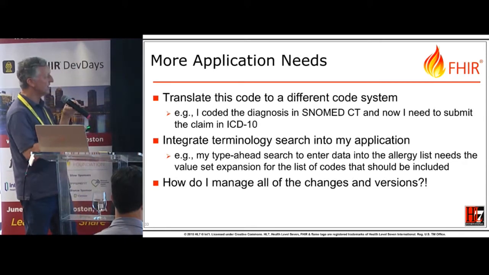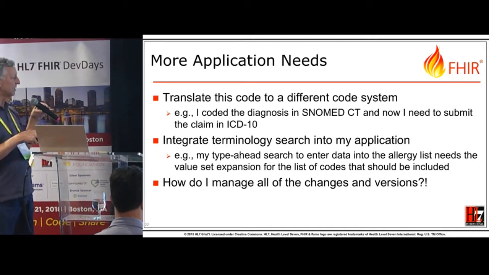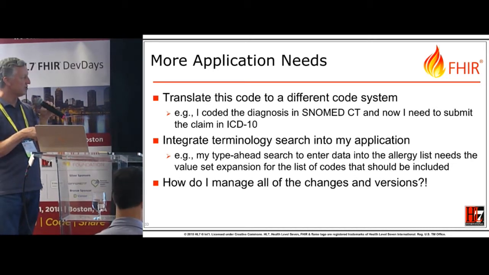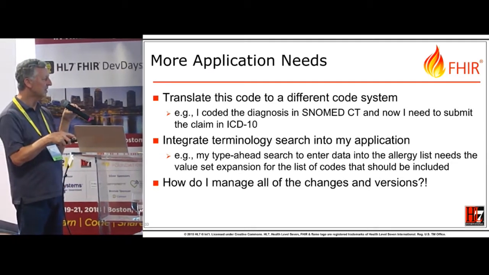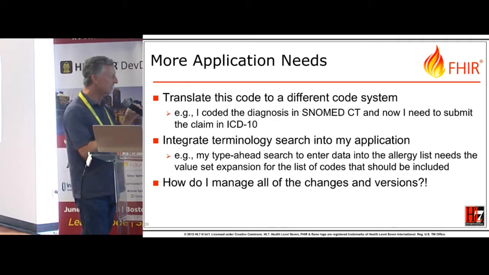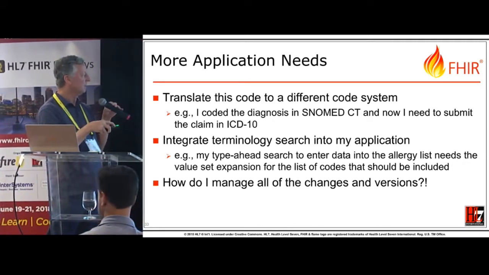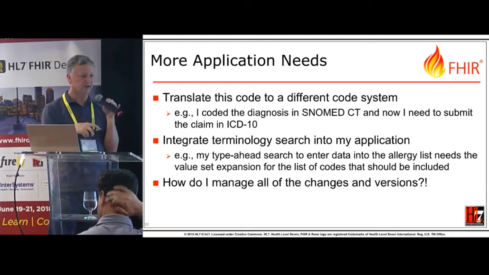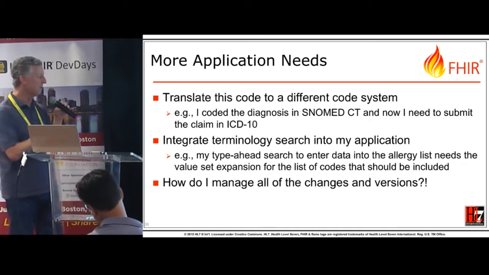I might need to translate, like I said, from SNOMED to ICD or something like that. I might want to integrate the search in my application, so I might want to do type-aheads or something, and I might need to be able to expand my value set and find out all the codes in it, and then use that list for what I want to select as I'm typing away, to find what are the right terms that match.